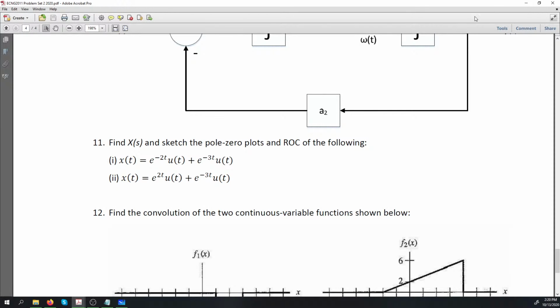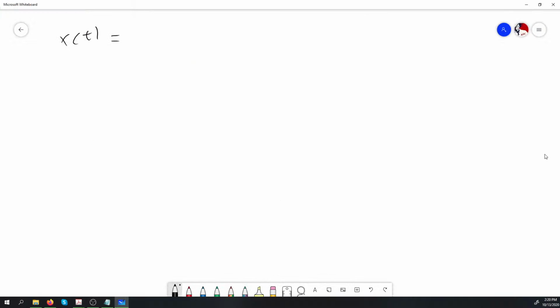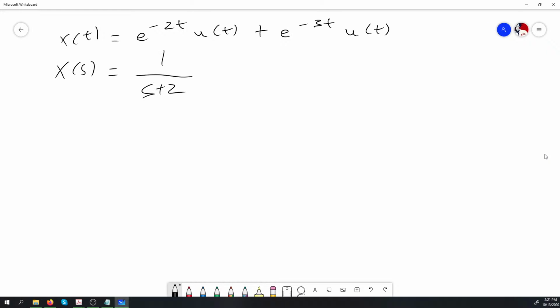So this is e to the minus 2t u of t plus e to the minus 3t u of t. And using the Laplace table for this, we transfer this to x of s, and this becomes 1 divided by s plus 2 plus 1 divided by s plus 3.